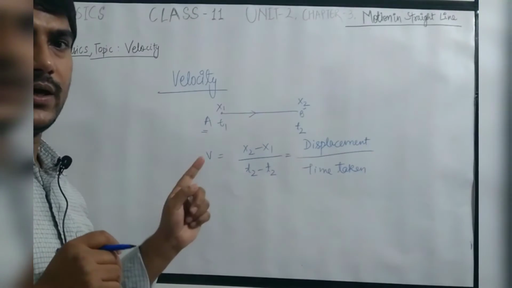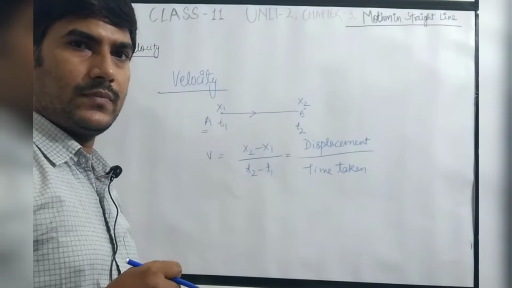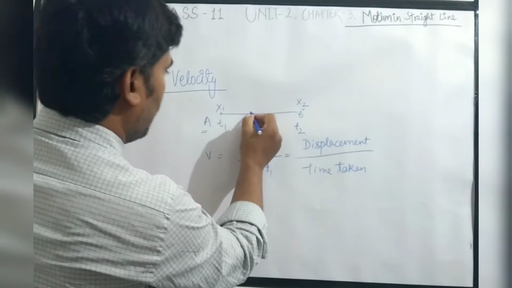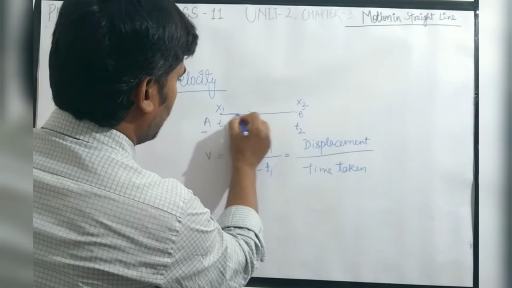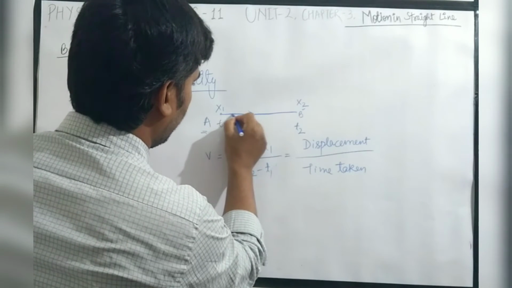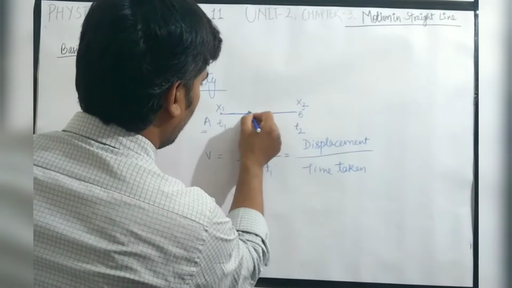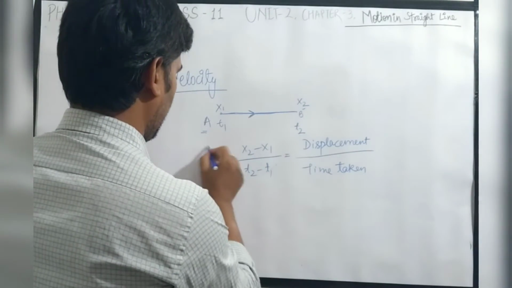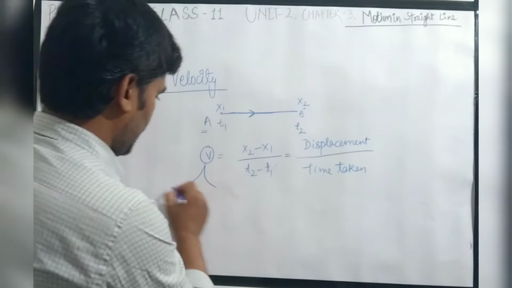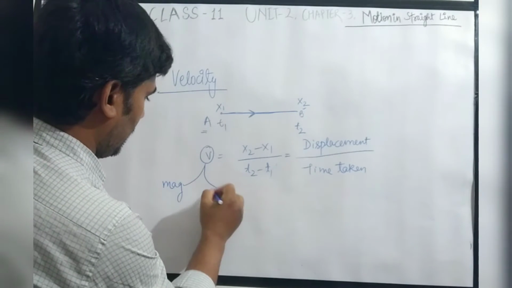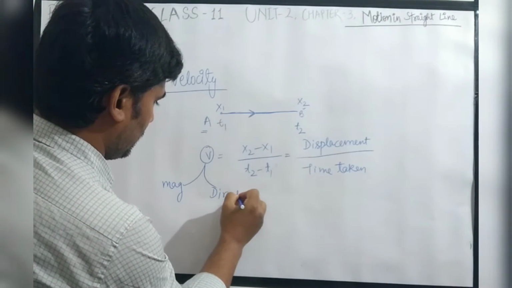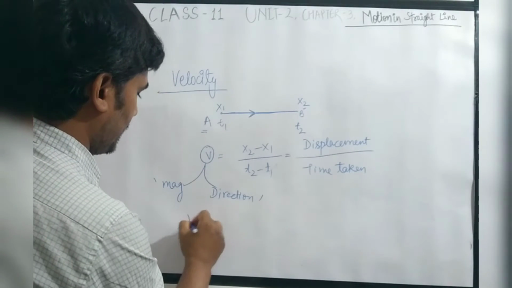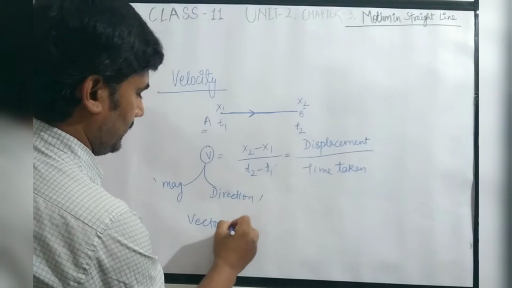Since we have a particular direction of propagation or direction of travel of a body, this velocity has magnitude and direction. That's why velocity is considered a vector quantity.